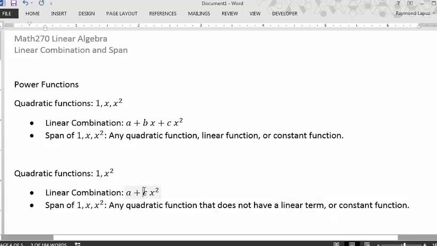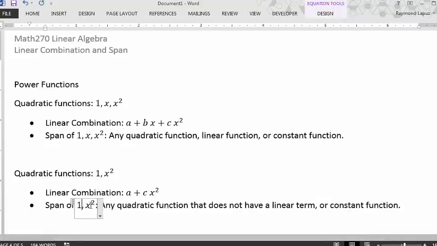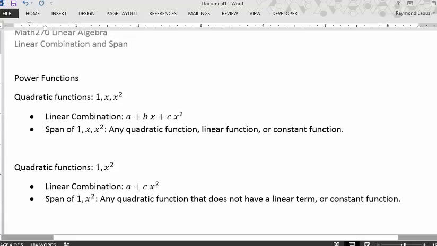And if c was equal to 0, then this whole thing is gone, and so all you have is a constant function. So the span of 1 and x squared as functions would just be things that look like this. Okay?